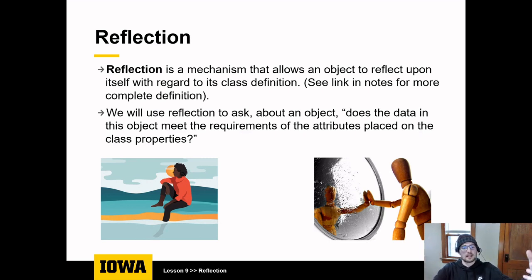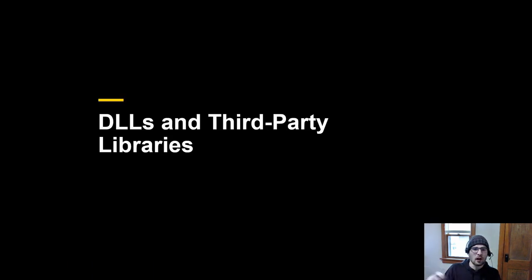Okay, so that's the general idea of what we are doing with reflection, and we're not going to go too deep into this idea. This is kind of advanced C#, so I just want to mention it just so you're aware. What we'll do instead is we will use a third-party library to do the reflection of our objects for us.